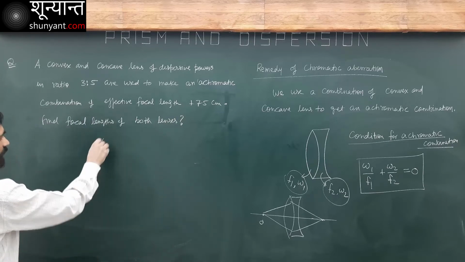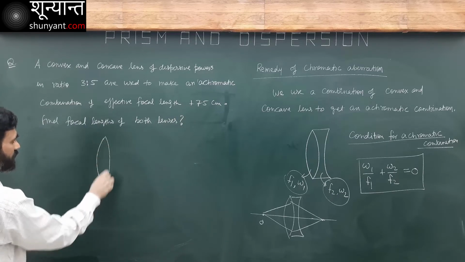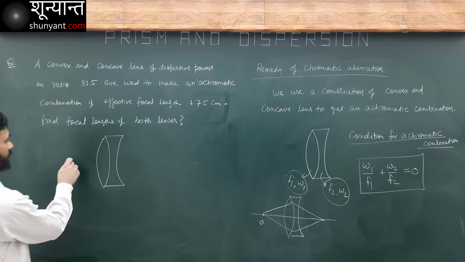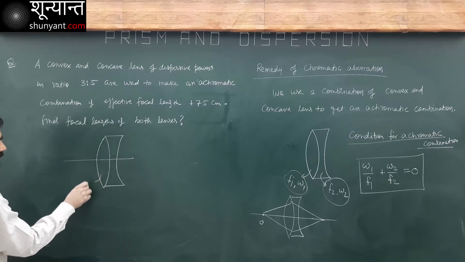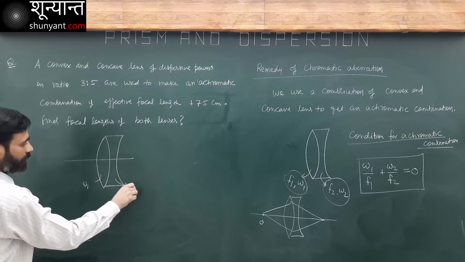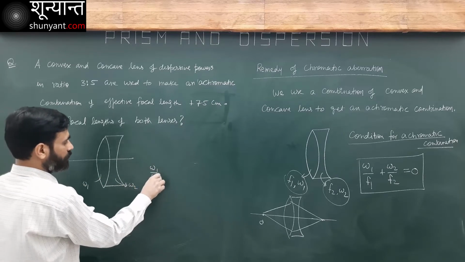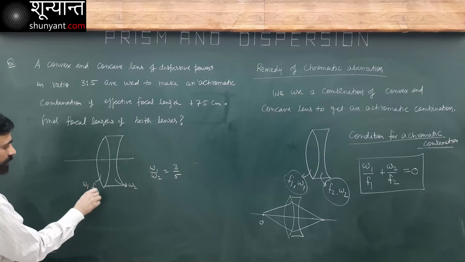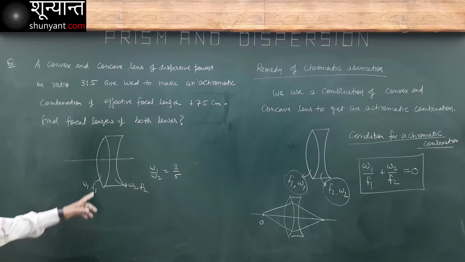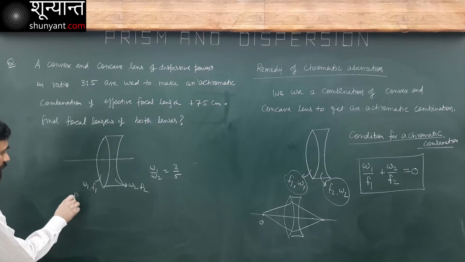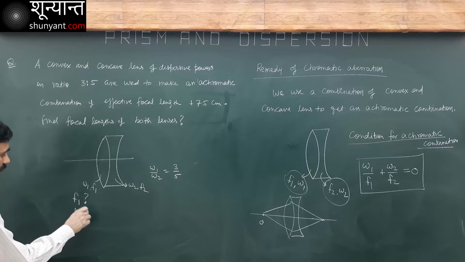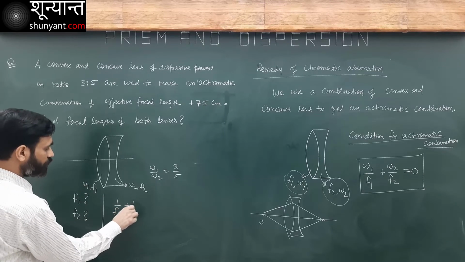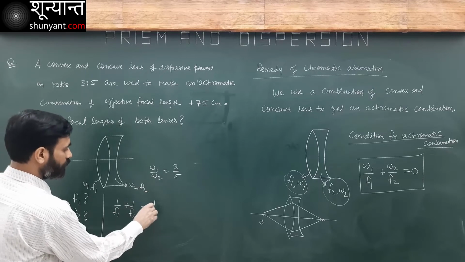So I want to make this combination an achromatic combination. This is omega 1, this is omega 2. Omega 1 over omega 2 is given as 3/5. This is f1 and this is f2. F1, f2 I want to find out. I do not know f1, I do not know f2. But what I know is 1 over f1 plus 1 over f2 is equal to 1 over 75.